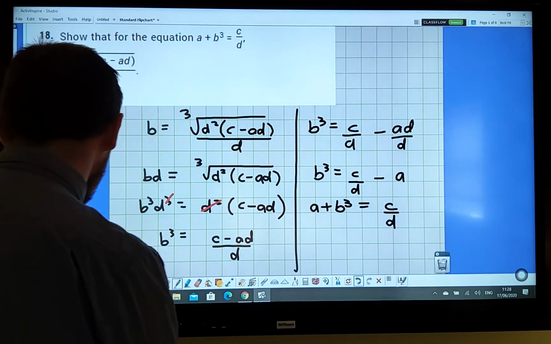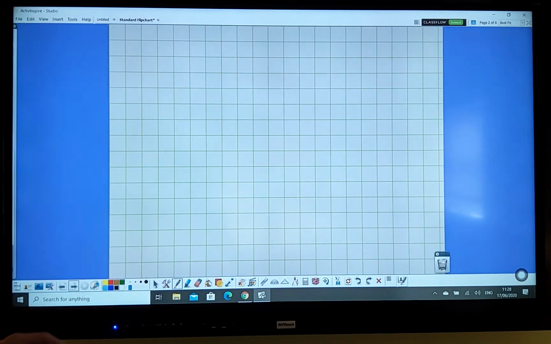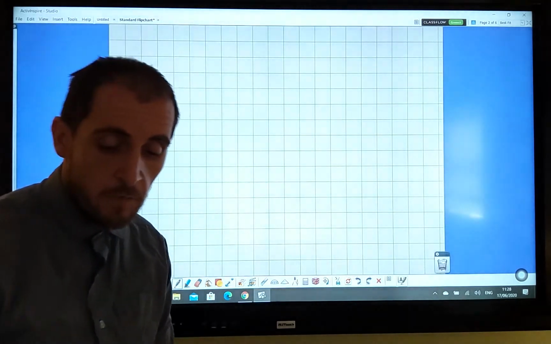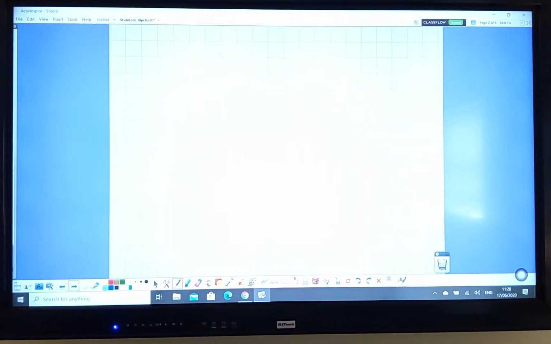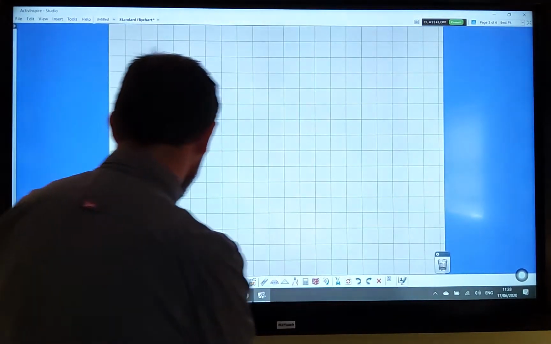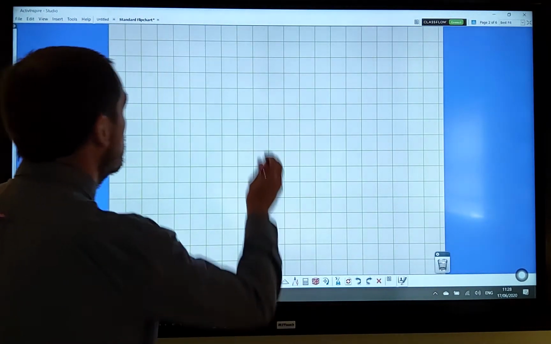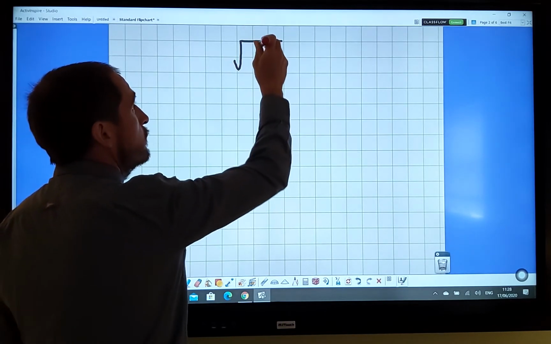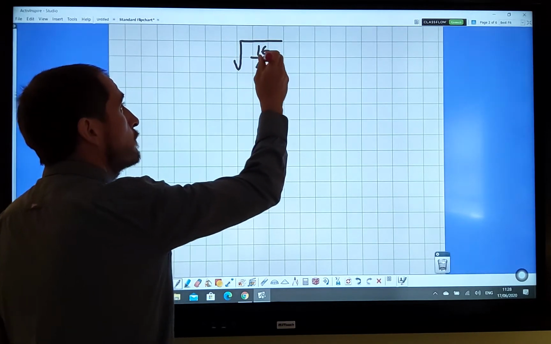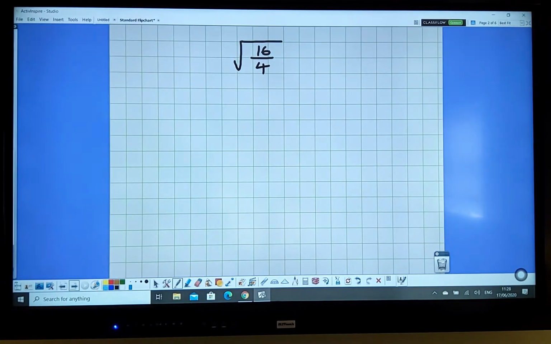Now, another query I got, and I just want to answer this, okay? Sometimes you're asked why do you square both sides, or why do you cube? And this is just understanding surds. Say, for example, the square root of 16 over 4.